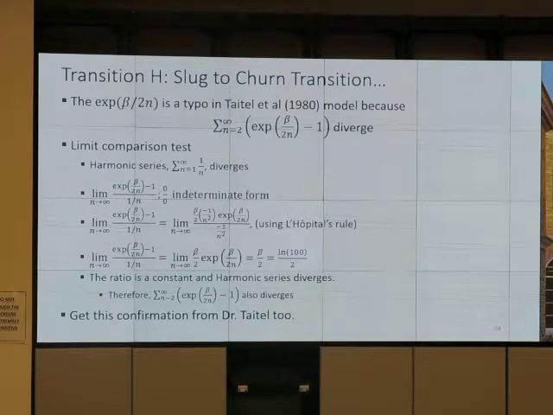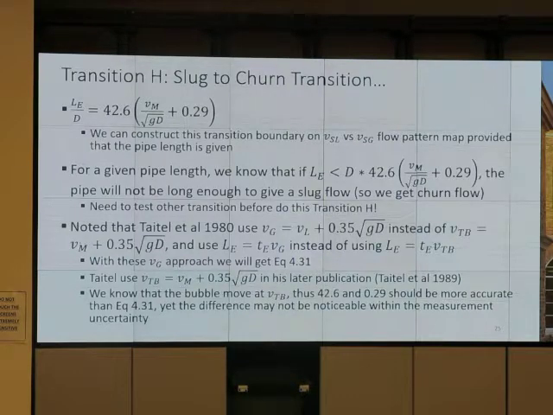What is the value in the book instead of 42.6? 40.6. There's no 2, right? When you plot in log scale, you don't see anything different. But to the best of my knowledge, this is correct. I cannot say what's wrong, but this is correct.